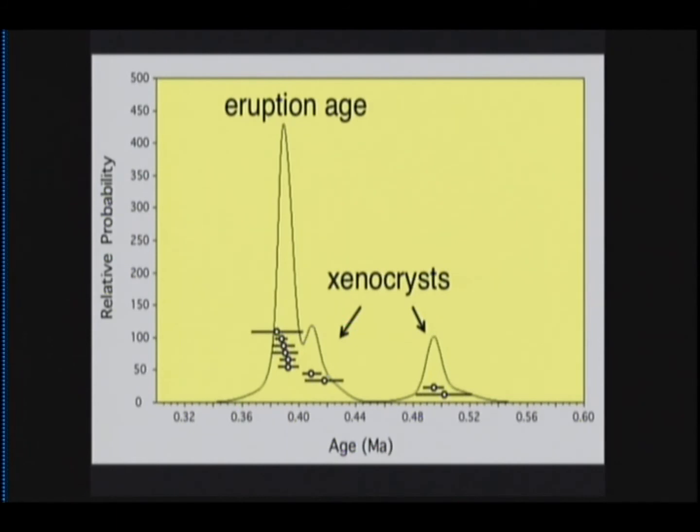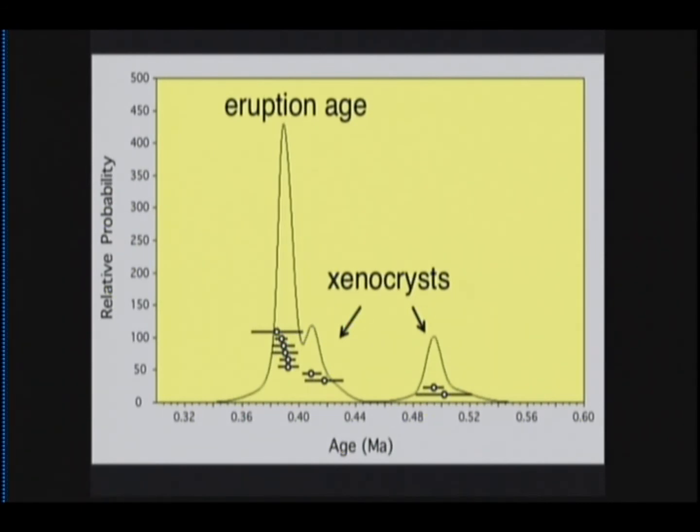So if we simply melt a single crystal with a laser, then analyze the gas, calculate an age using the approaches that I've mentioned, we can derive a number of ages for single crystals from a single eruption, for example.